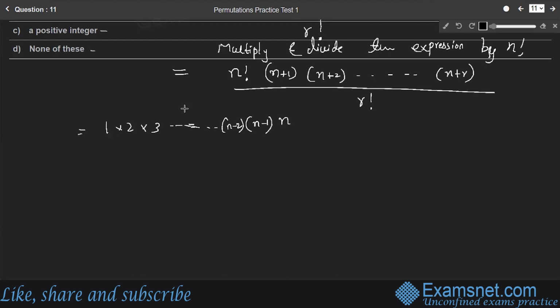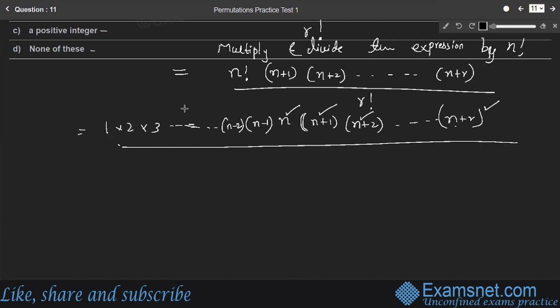So it is factorial n into n plus 1 into n plus 2, and so on up to n plus r. To the value of n, we have multiplied n plus 1, the next term. Again, this is multiplied with the next term, n plus 2, and so on up to n plus r.